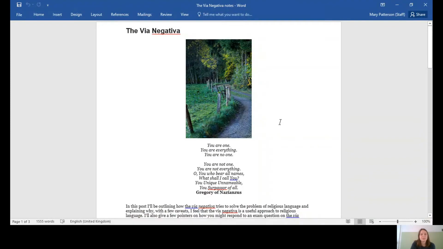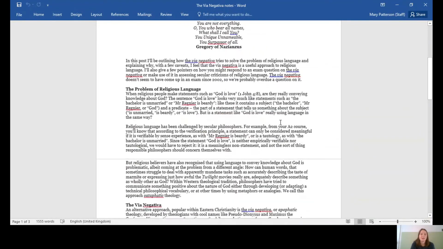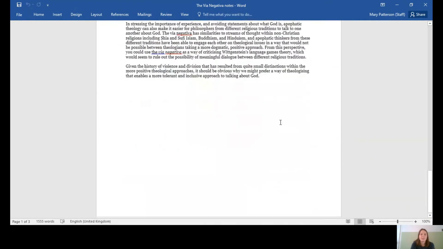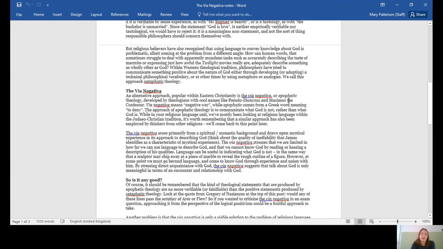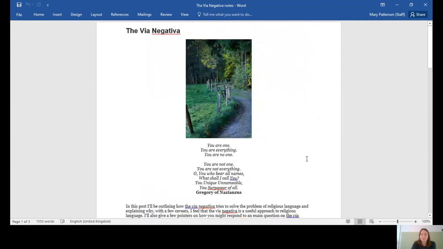Another thing that I'm sending you today is this handout. I would normally print this out and give it to you in class. So it's just a little bit of a summary of some of the stuff that I'm talking about today, and another place where you can find some notes on something called the via negativa, which is another way of saying the apophatic way, and that's what our lesson is on today.